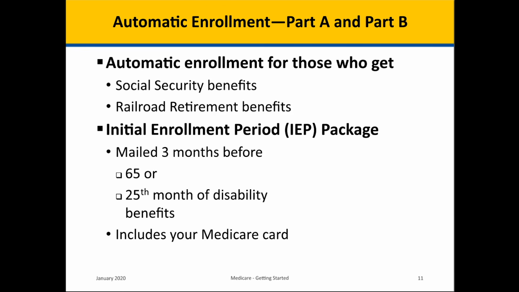You'll get your initial enrollment period package, or IEP package, which will include your Medicare card and other information about 3 months before you turn age 65 or 3 months before your 25th month of disability benefits. If you are not getting retirement benefits from Social Security or Railroad, you must sign up to get Medicare.